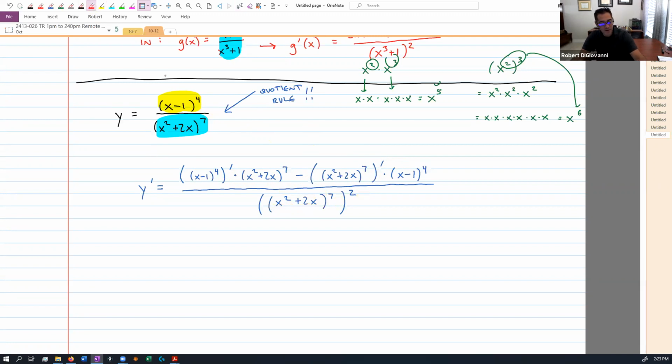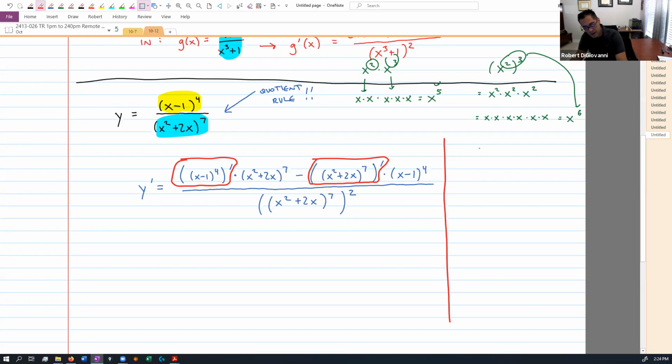Now, each of these problems individually are chain rule problems, aren't they? Because I have composition. I have a function inside of another function. So if you're not comfortable doing those mentally, you would have to do them on the side individually.